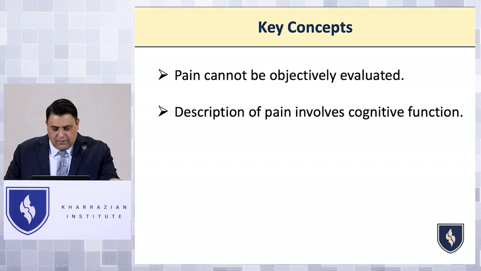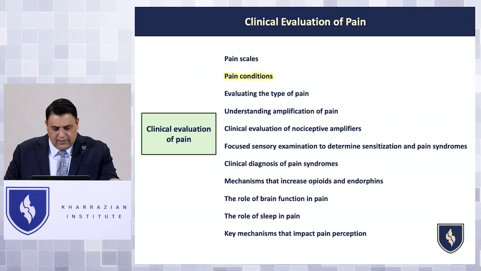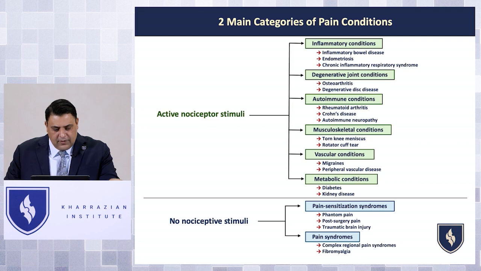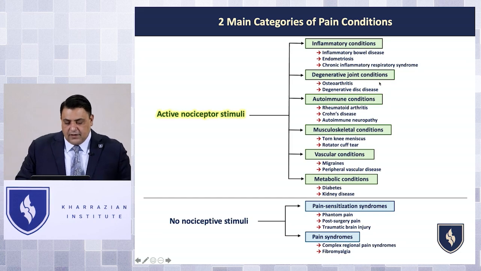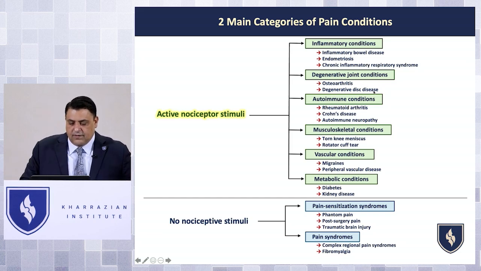Now, once we move on from pain scales, let's get into pain conditions. And for the most part, you can break down pain conditions to there is an actual active nociceptor stimuli. Something is actually activating nociceptors. So that could be an inflammatory condition like inflammatory bowel disease or endometriosis or chronic inflammatory respiratory syndrome. It could be a degenerative joint condition like osteoarthritis or degenerative disc disease.